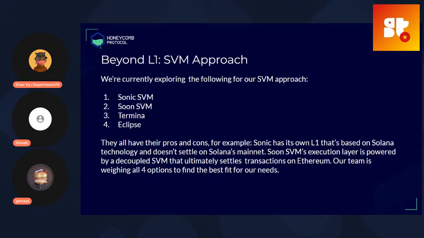Beyond L1. So you have Solana L1 settled, as we have discussed that we might have a bandwidth problem because of the block space and whatnot. So we are also exploring other SVMs, which are Sonic, Soon, Termina, and Eclipse.